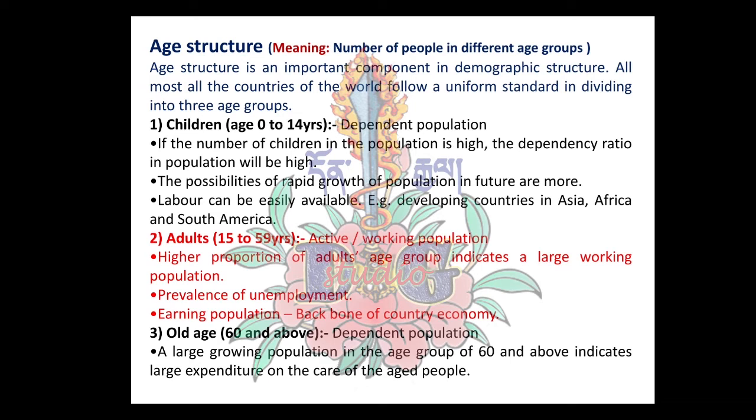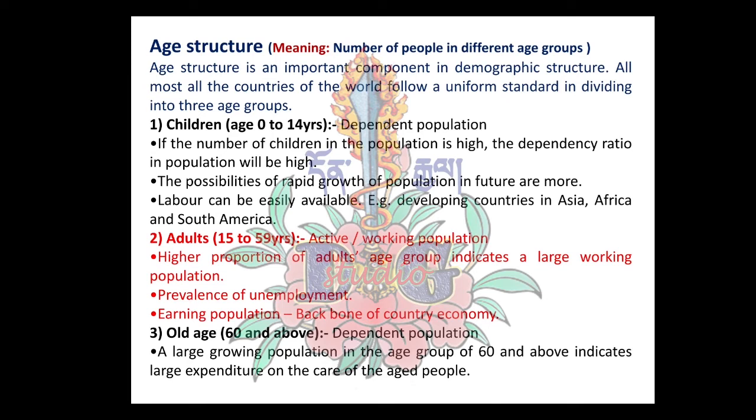There may be more job seeking people. If the job seeking people are more than the employment opportunities in a particular country or region, then it may create some kind of unemployment problems. So these are called the earning population or backbone of a particular country's economy.